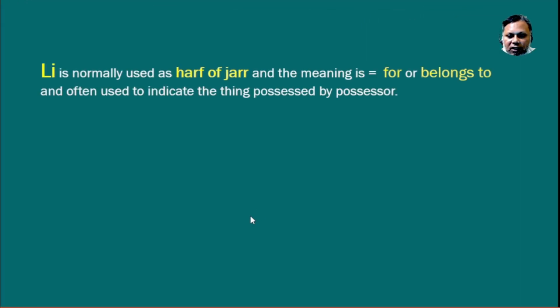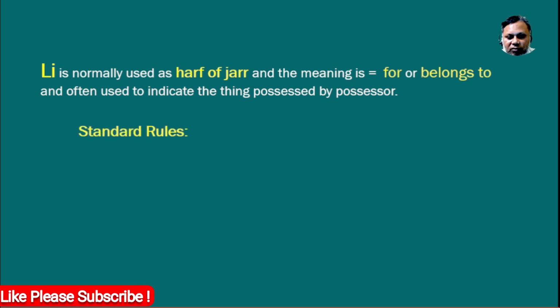Now, li is normally used as a harf of jar, which we have learned in our previous lesson. Harf of jar means the word just after li will be in a state of jar. The meaning will be "for" or "belongs to." Usually this li makes the relationship between the possessor and the thing possessed.